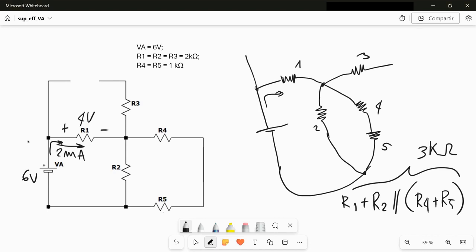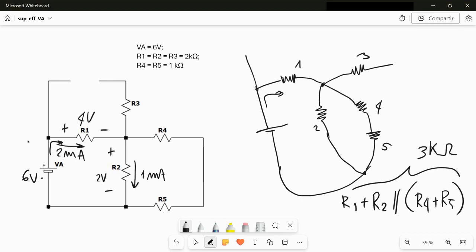If I have 6 volt with this polarity, plus and minus here, in this mesh I must have 2 volt here. And 2 volt over a resistor of 2 kilo ohm corresponds to 1 milliampere flowing in this direction.